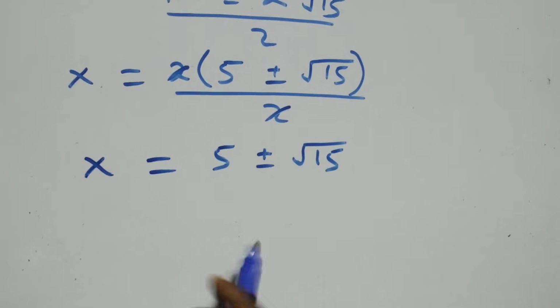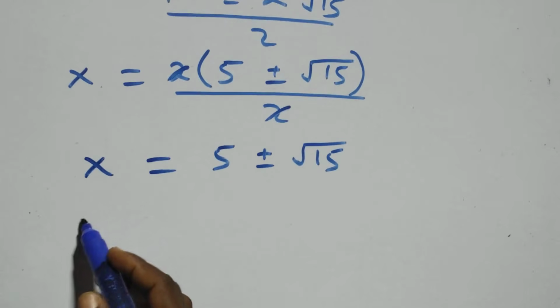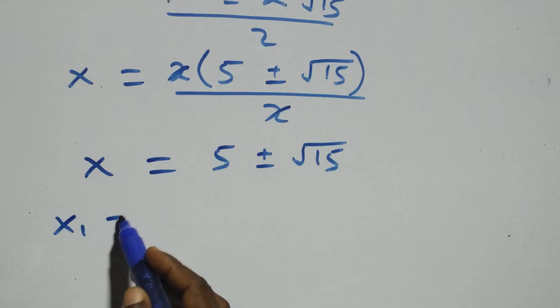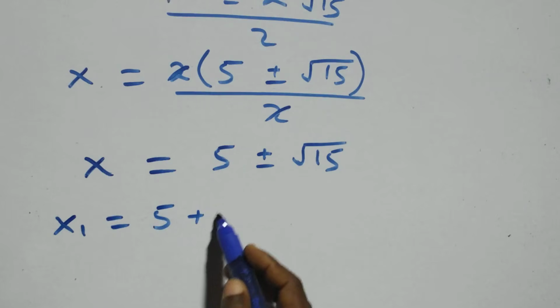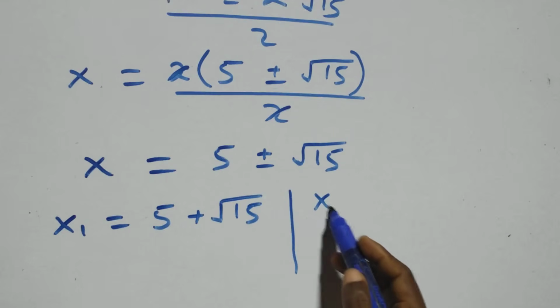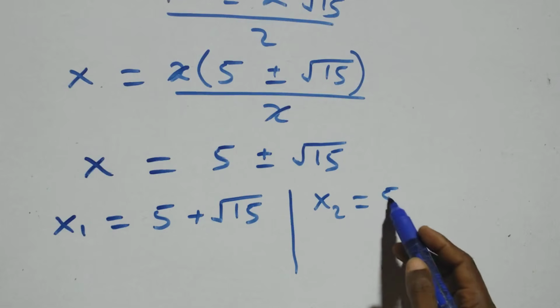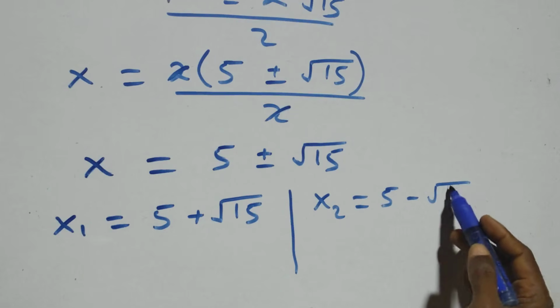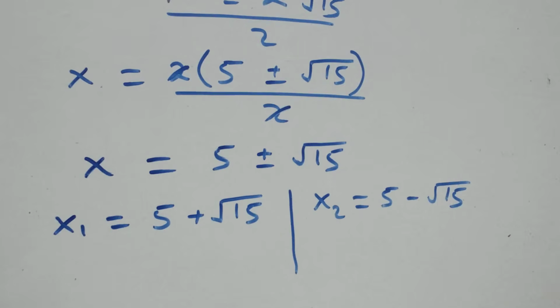Here we have two values of x. The first one, x1 equals 5 plus root 15, and we have x2 equals 5 minus root 15.